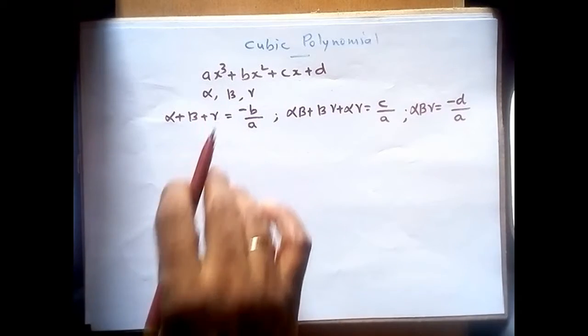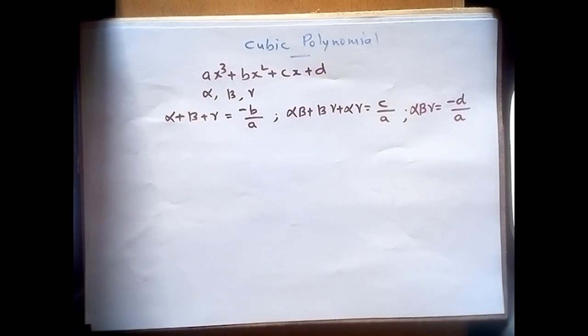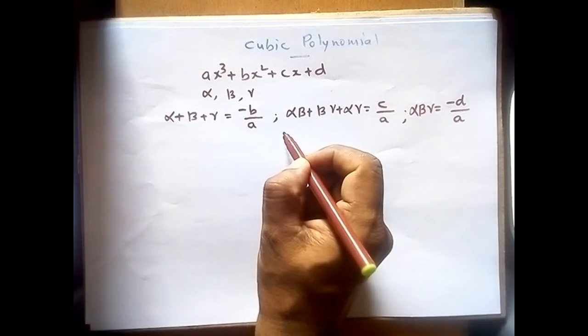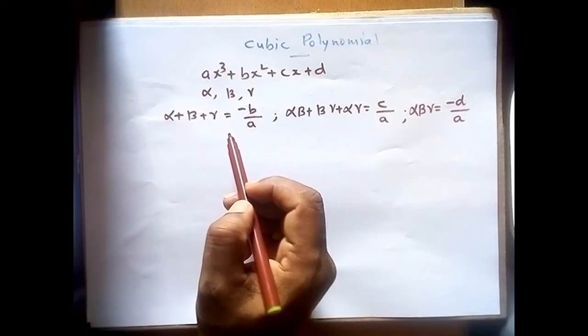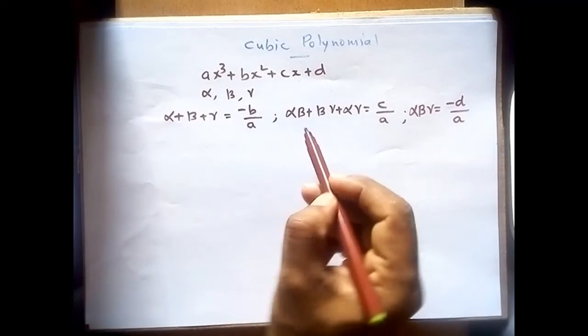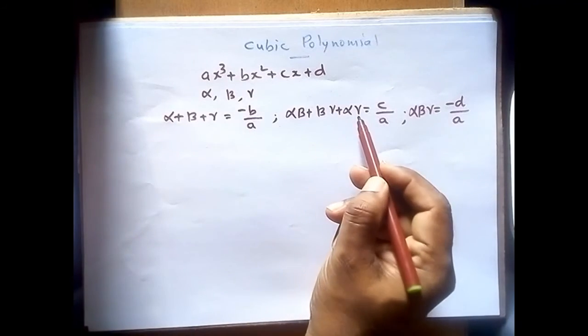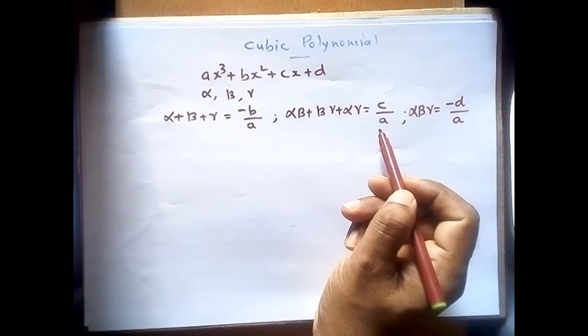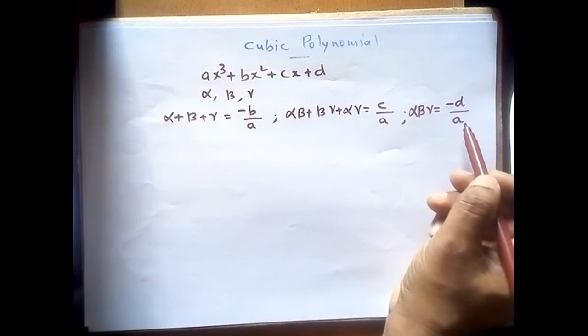This also we will demonstrate through an example in the exercise. At present we are not going to demonstrate this. Just remember this formula. Alpha plus beta plus gamma is equal to minus b by a. Alpha beta plus beta gamma plus alpha gamma is equal to c by a. Alpha beta gamma is equal to minus d by a.